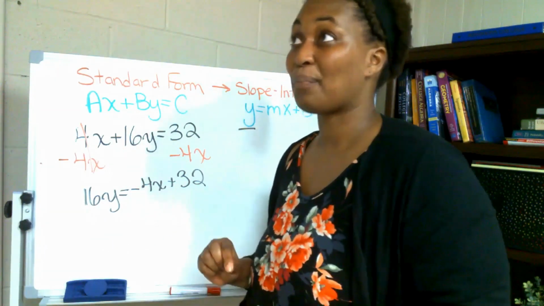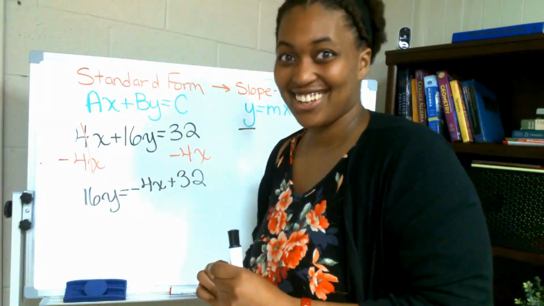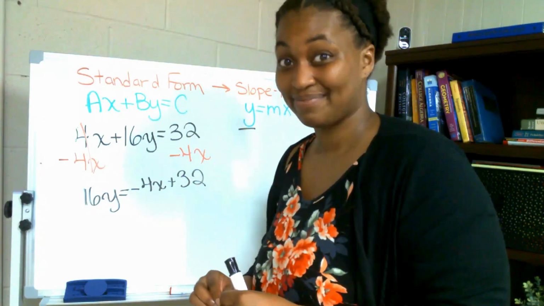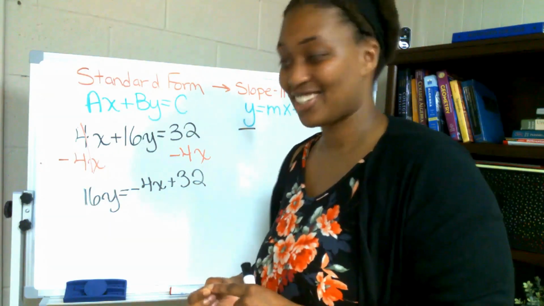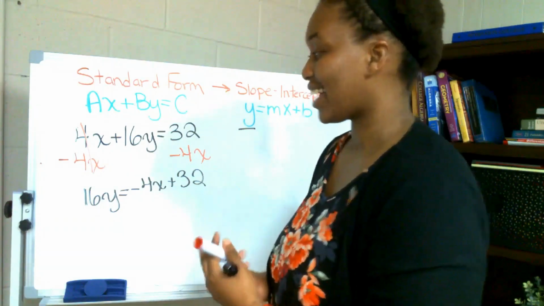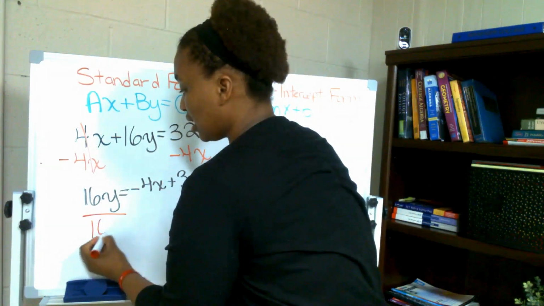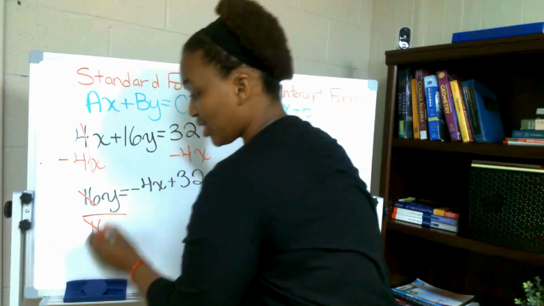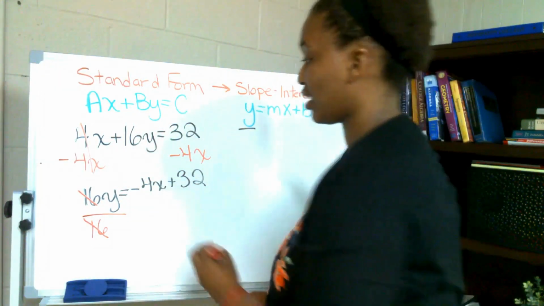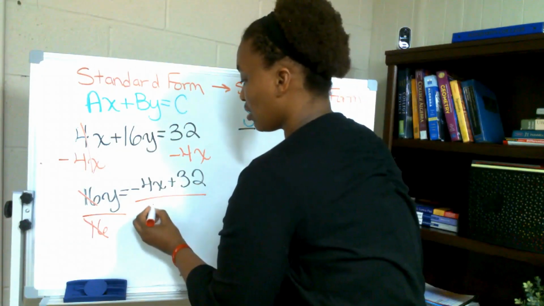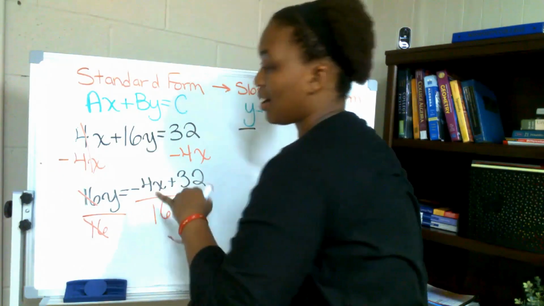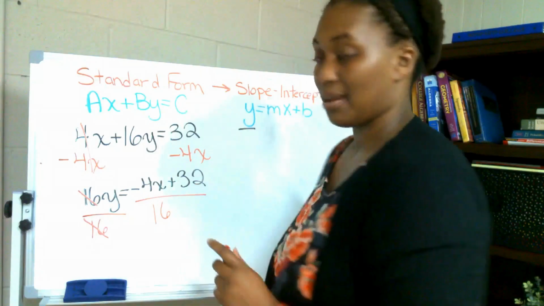So what is the opposite, the inverse of multiplication? It's division. So let's divide. We're going to divide by 16 so that y is the only thing left on my left-hand side.